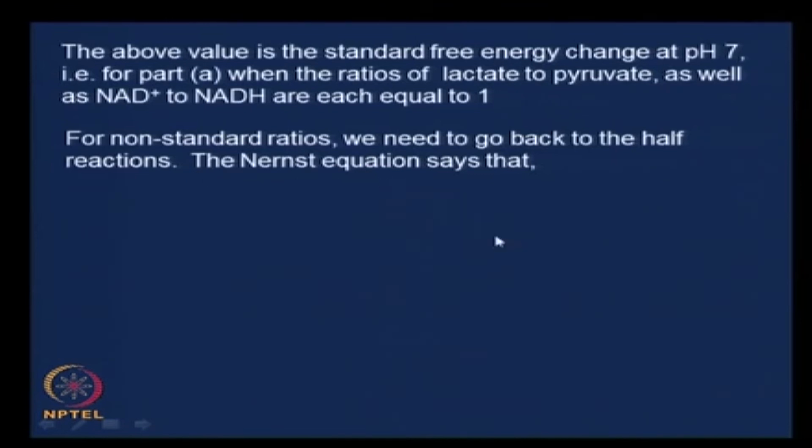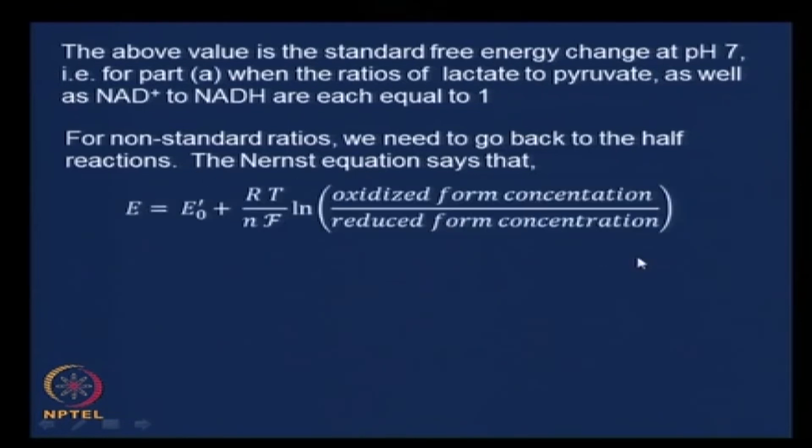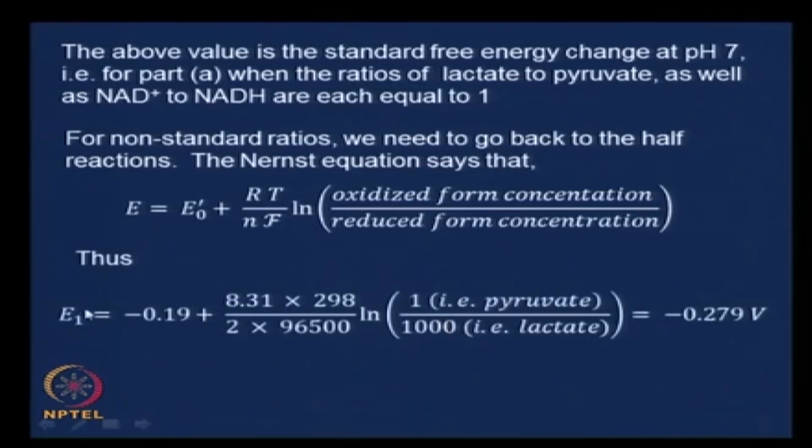To do that we need to look at the Nernst equation that says E equals E naught dash plus RT by nF ln, natural log, of the oxidized form concentration divided by the reduced form concentration. Therefore E1 turns out to be minus 0.19, E naught dash, plus RT by nF substituted here, log of 1 by 1000.